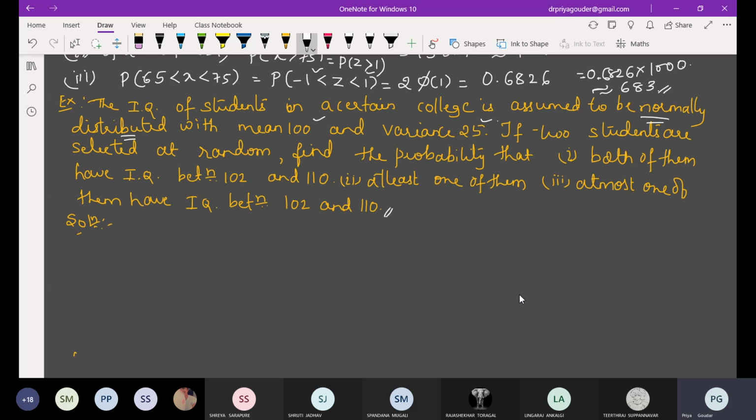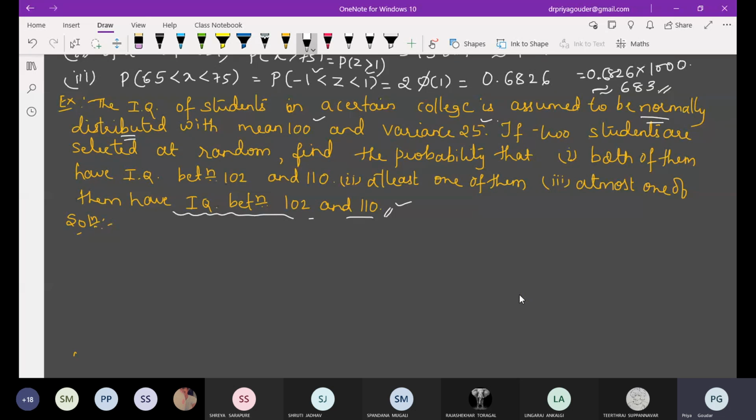Now I'll make use of the last sentence and find out the probability that if you choose one student, the IQ of that student is between 102 and 110. This quantity I'll find out. Next, I will take the conditions, both, at least, at most, and apply the next concept. Did you get the part?